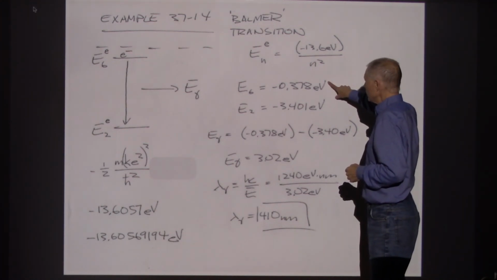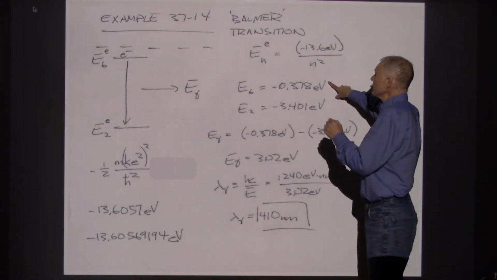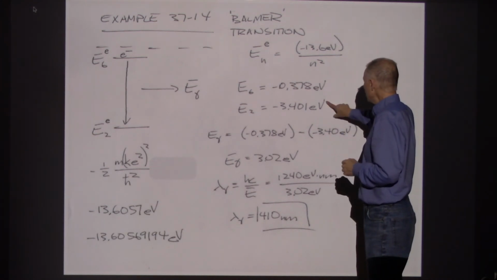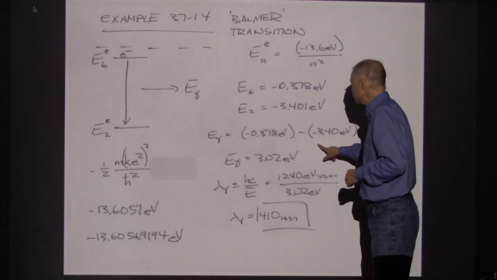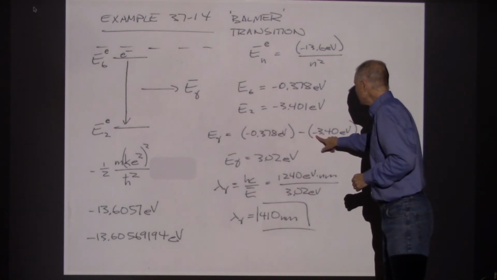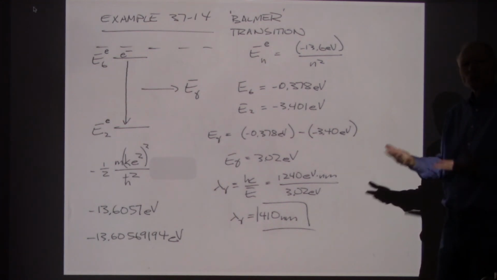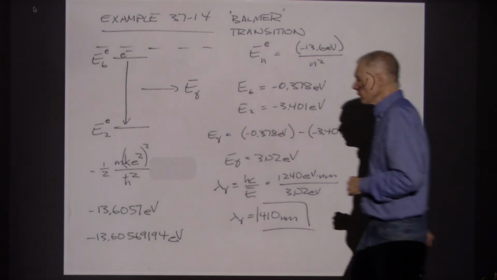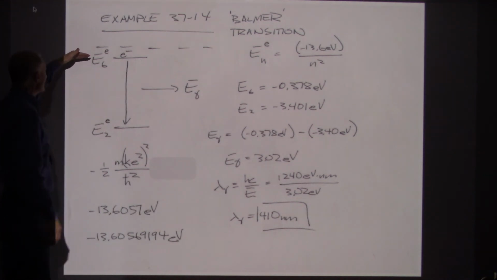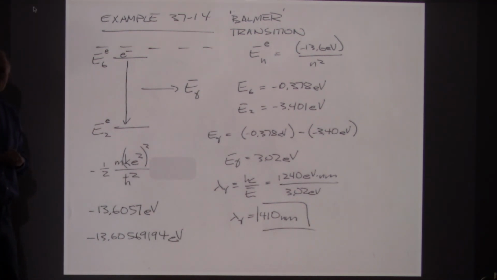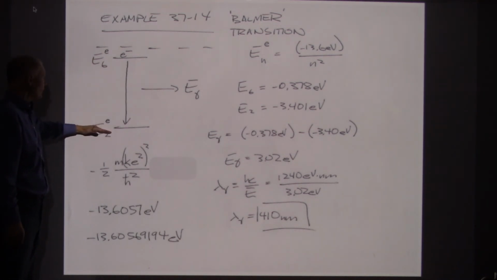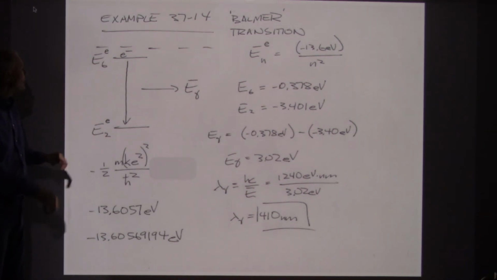So here is the energy of level 6 based on this formula. Here is the energy of level 2. I can take the difference between the two. Now this is subtracting negative values, so draw a diagram. If I take this negative value and I subtract this negative value, I'm going to get something positive because this value is bigger. Even though both numbers are negative, I'm subtracting a lower negative value.